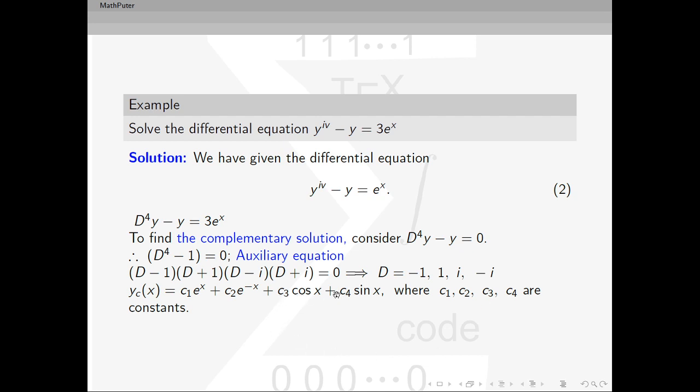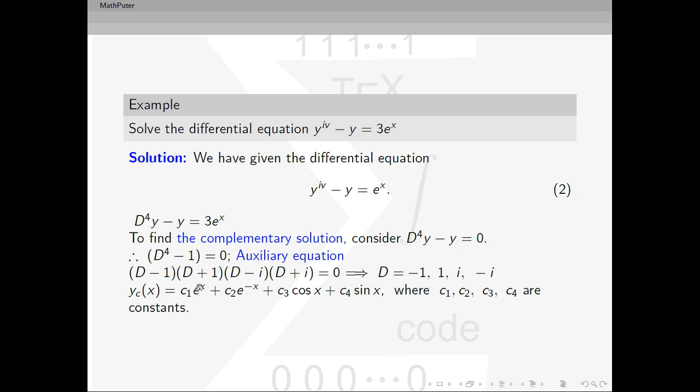Then we have two functions, cos 1 into x, sin 1 into x, which gives us cos x and sin x. So four functions we have: e raised to x, e raised to minus x, they are coming from the real roots; cos x and sin x, they are coming from the complex roots. Then we multiply by the constants c1, c2, c3, c4 and take the addition. This is called the linear combination of these four functions.